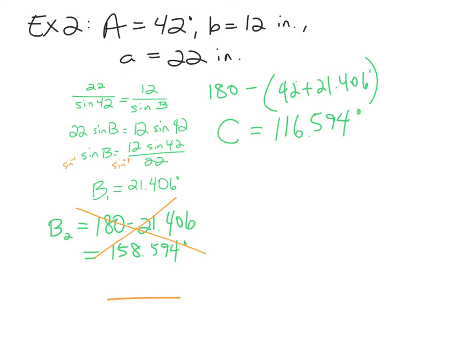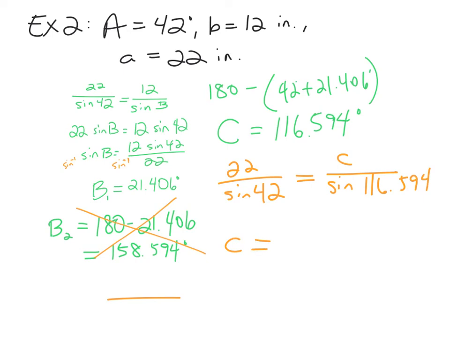And then the last thing we just need to find is side C, which we're going to use the law of sines for again. So we are going to do 22 over sine 42, just like we did last time, equals little c, that's what we're trying to find, over the sine of 116.594. When we cross multiply and then divide, we're going to end up with 22 sine 116.594 over the sine of 42 degrees.